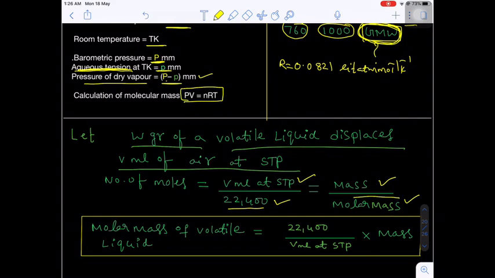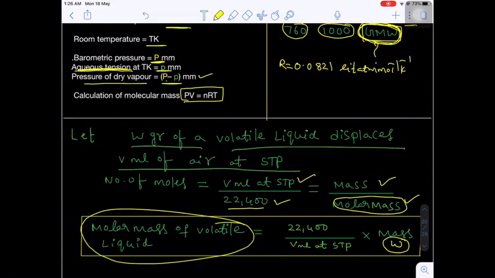So now I have to calculate the molar mass. Molar mass will be equal to 22,400 divided by the volume at STP, multiplied by the mass. The mass of the substance, W grams, is given to you, and the volume of air displaced by the volatile liquid we know, so we can find the molar mass of the volatile liquid.